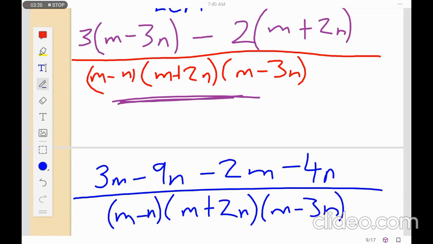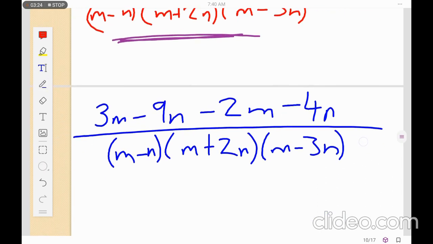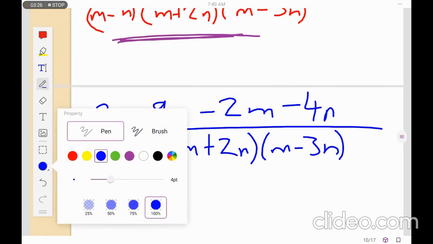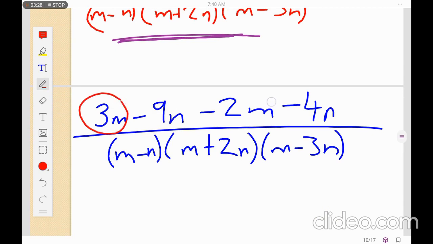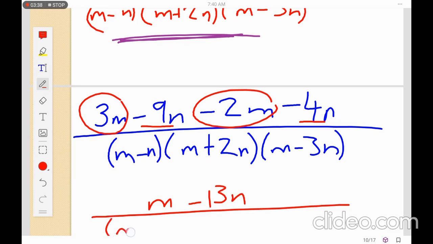So we can simplify, and if we are to simplify, we group like terms together. 3m minus 2m, I'll get an m. Then minus 9n minus 4n, I'll get minus 13n over the denominator m minus n, m plus 2n, m minus 3n.